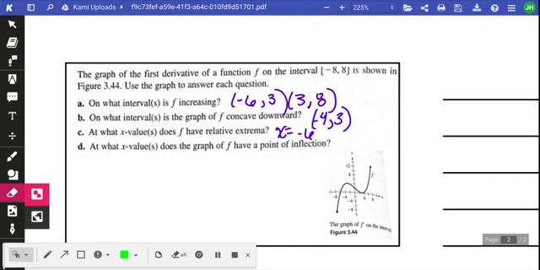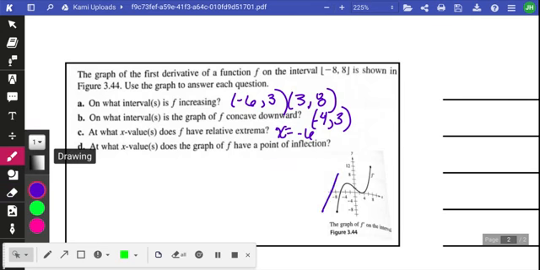Okay. And then last question, at what x value does graph of f have a point of inflection? So I kind of referenced that earlier, but a point of inflection is going to be when it's changing from increasing to decreasing on the first derivative. Okay, so if we look back at, okay, it was going up here, and then it changed here, and then it was going down here, but then it changed here and went back up.